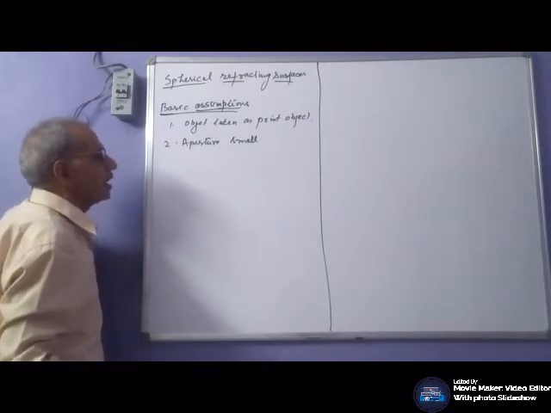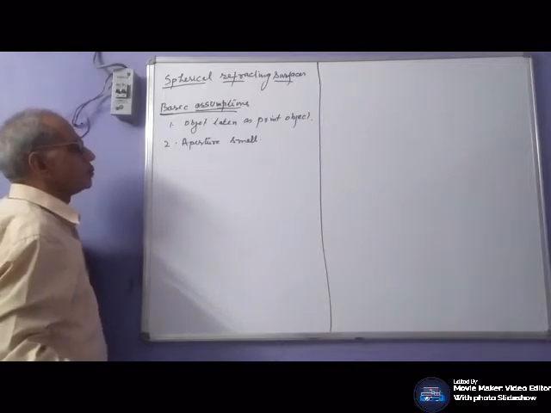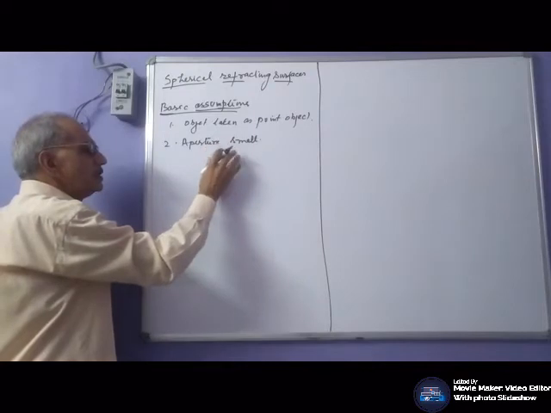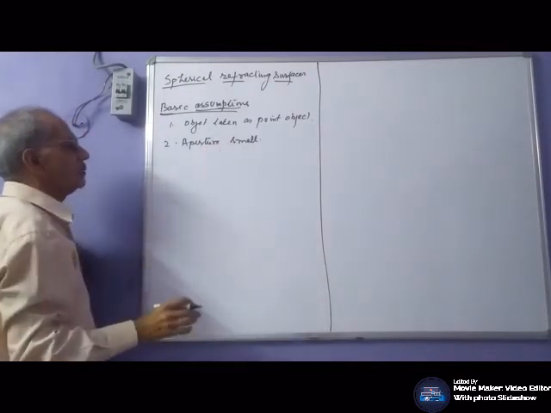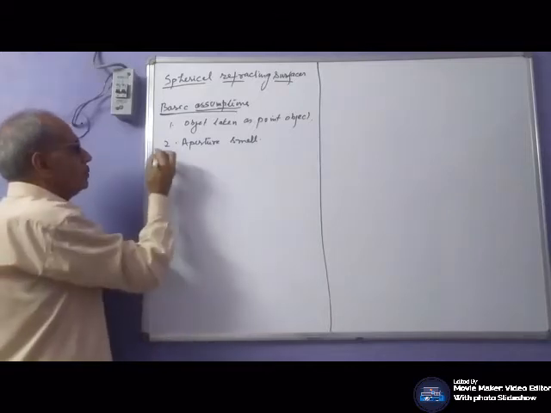Spherical aberration, sharp image is not formed when the aperture is large. Aperture small to minimize a defect called spherical aberration. What is the defect? Spherical aberration, no sharp image.